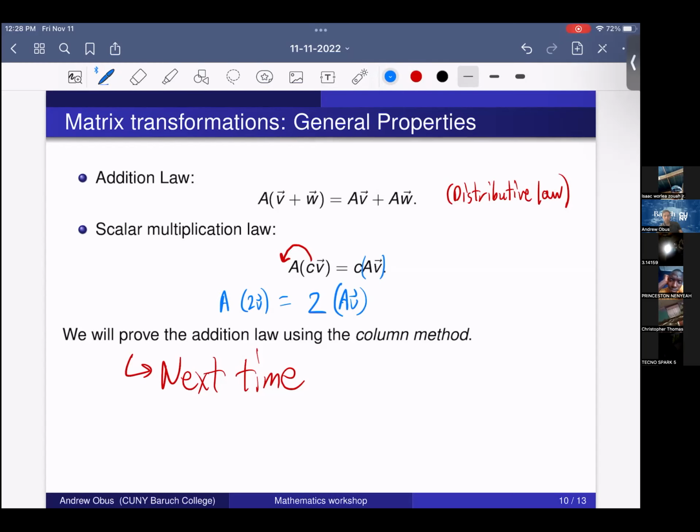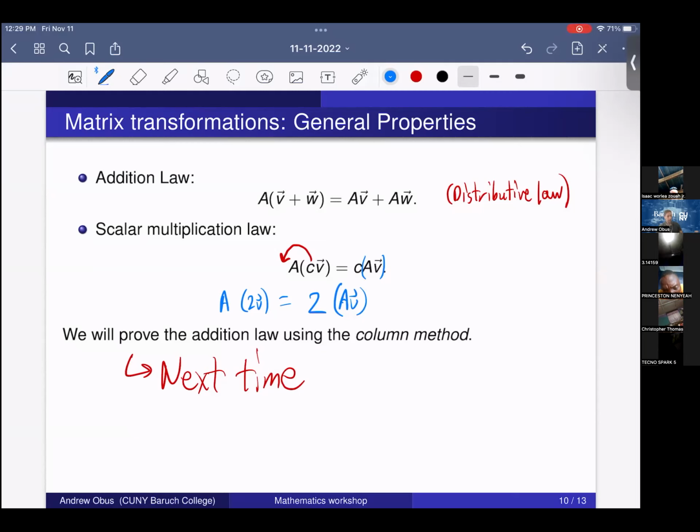Another way to see it, Andrew? Yes, a question? No, not a question, just some clarity on this. Another way to see it is that you can factor out the scalar and multiply the matrix by the vector, and then multiply by the scalar later, right?